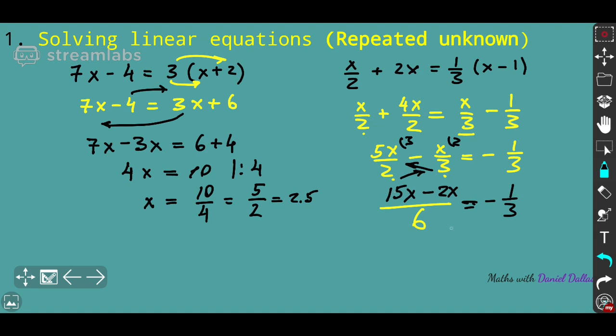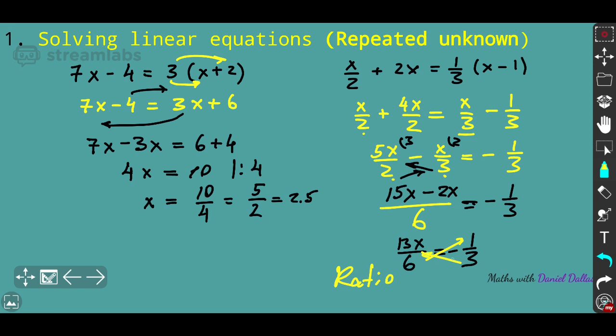Next, 15x minus 2x, you'll get 13x here over 6 will be equal to negative 1 over 3. And right now what I recommend is to do crisscross multiplication, as you normally resolve ratios. So this is a ratio, and right now to resolve it, you can multiply 6 by 1 or by minus 1, so let's crisscross, and 3 goes there.